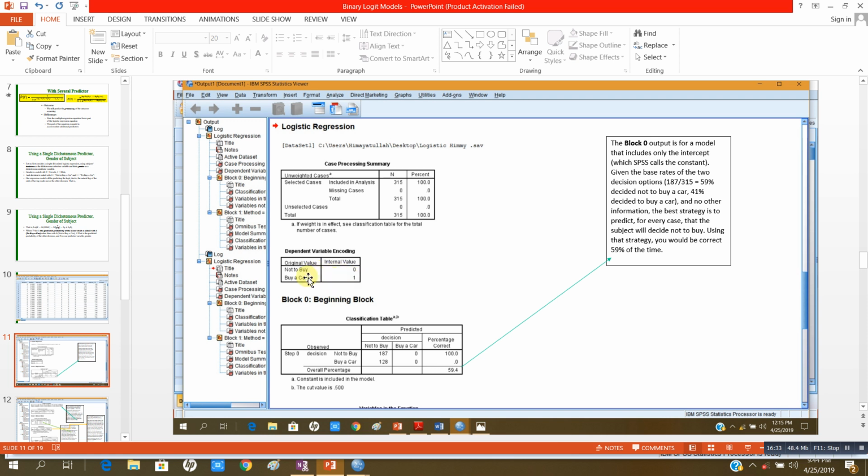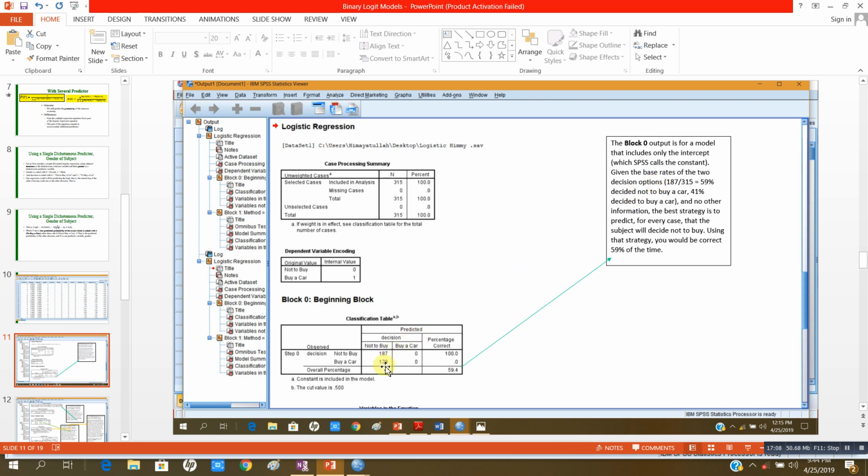It says the block 0 output is for a model that includes only the intercept, which SPSS calls the constant. That is, initially SPSS only takes into account the constant, and later on it adds the predictor. Now, given the base rates of the two decision options, one is 187, that is not to buy a car, and one is 128, that is to buy a car, and the total number is 315.